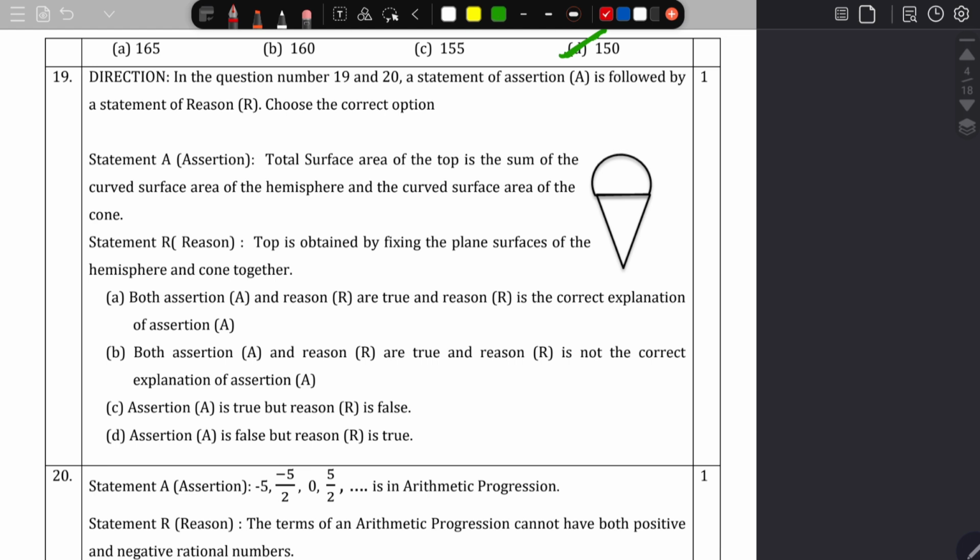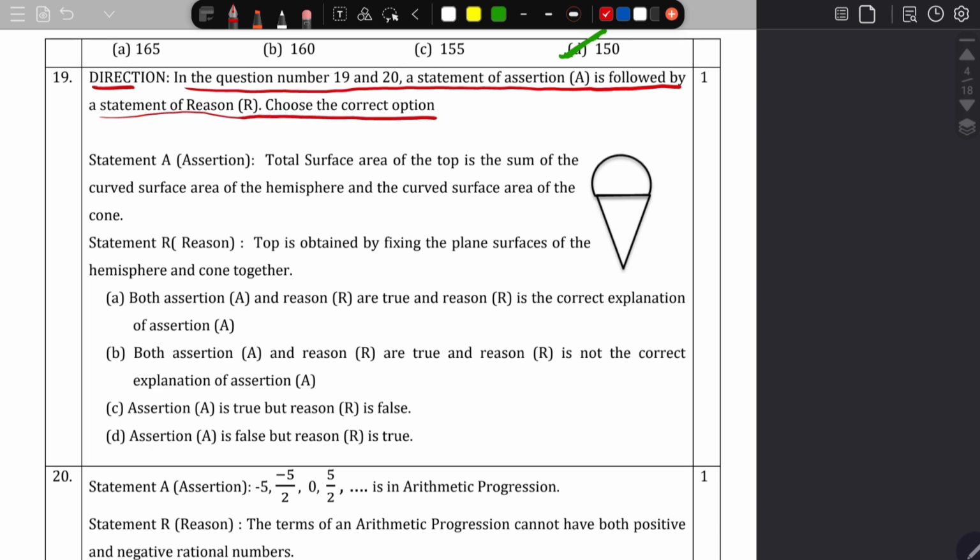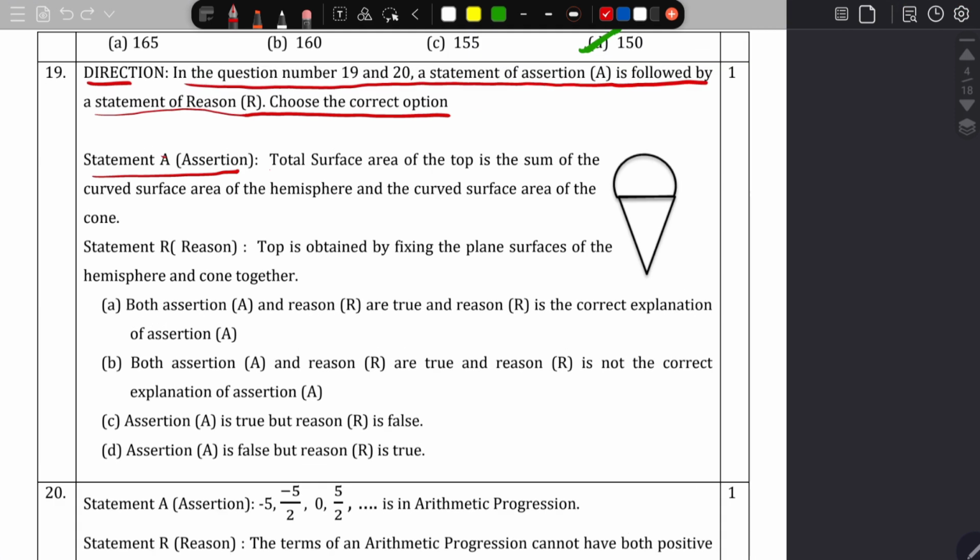Next, assertion and reason questions. It's a given direction: in questions number 19 and 20, a statement of assertion A is followed by a statement of reason R. Choose the correct option. Statement 1, assertion: the total surface area of a top is the curved surface area of the hemisphere plus the curved surface area of the cone.